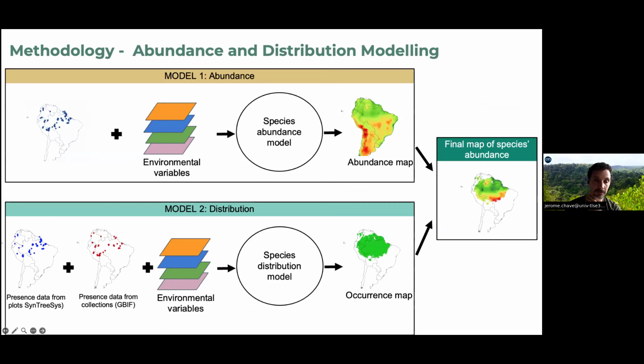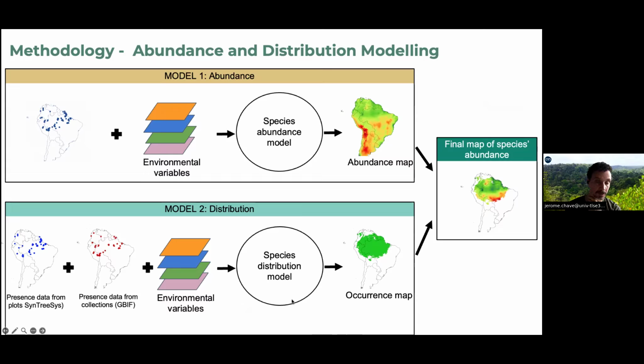This is pretty much the same type of framework. The top here models the abundance of species based on a number of environmental variables, species abundance models, and then maps this species abundance model onto a geographical extent of interest.